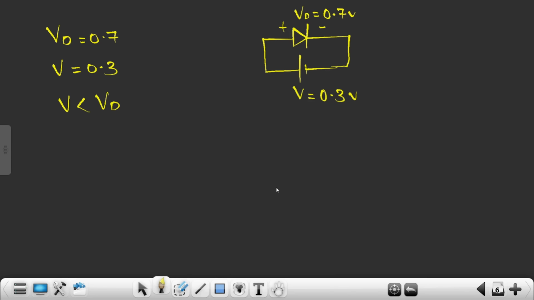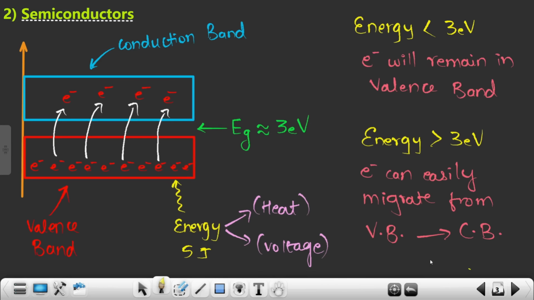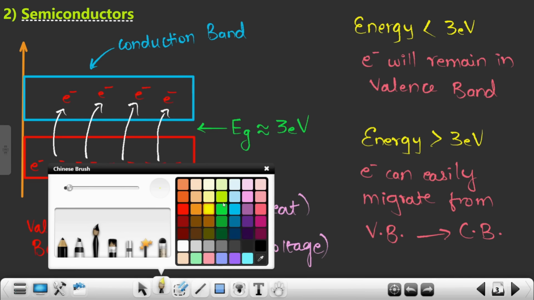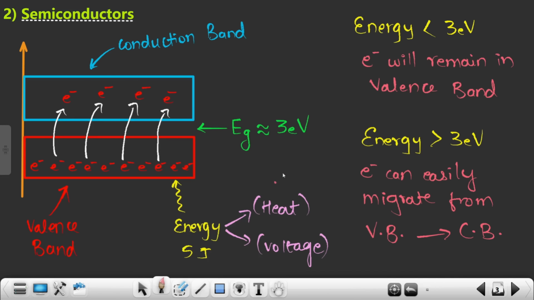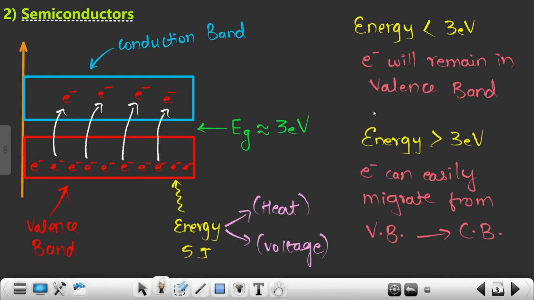So what does that mean? Our V, which is 0.3 volts, is less than 0.7 volts. Try to relate this condition with this one.